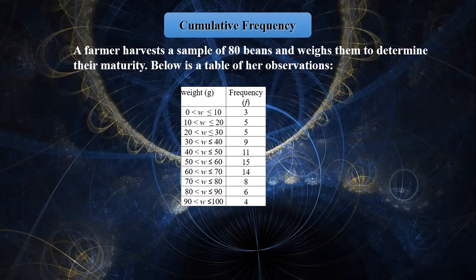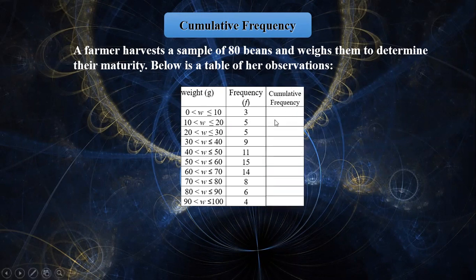Let's construct a cumulative frequency column. The first number is always going to mirror the first number of the frequency, and the last number is always going to be how many of any one thing that you have. So let's prove that. 3 plus 5 will give me 8. 8 plus 5 will give me 13. 13 plus 9 will give me 22. 22 plus 11 will give me 33. 33 plus 15 will give me 48, and so on.